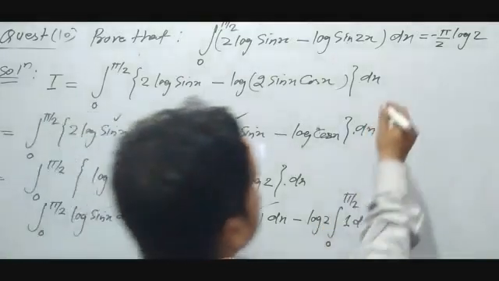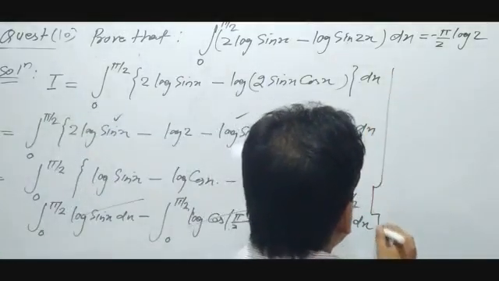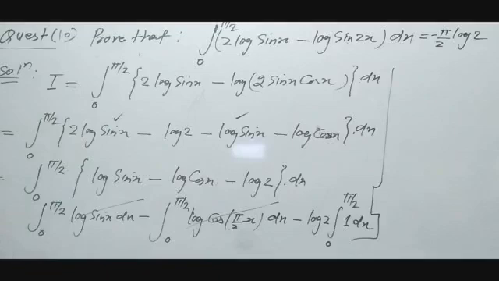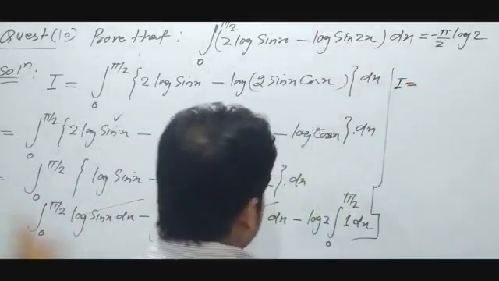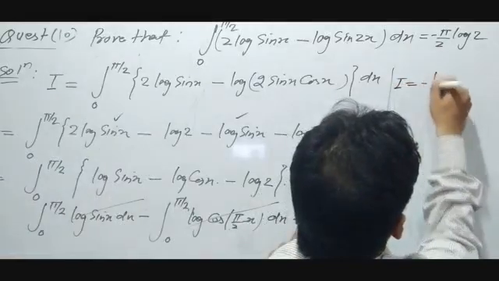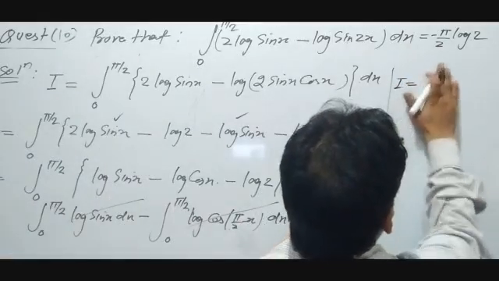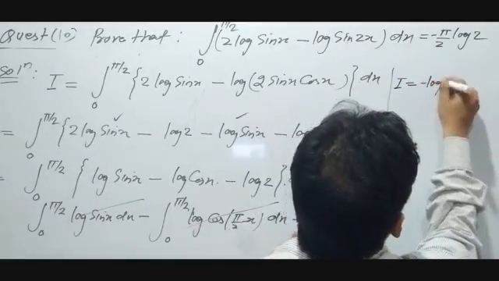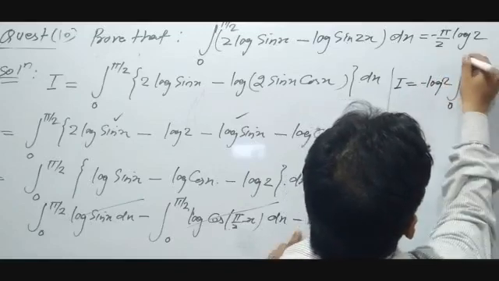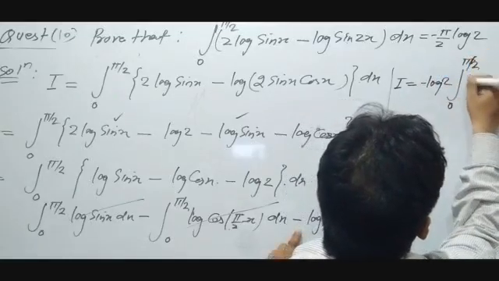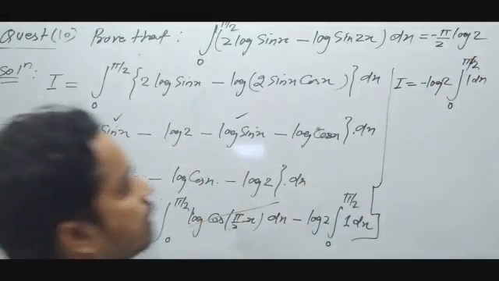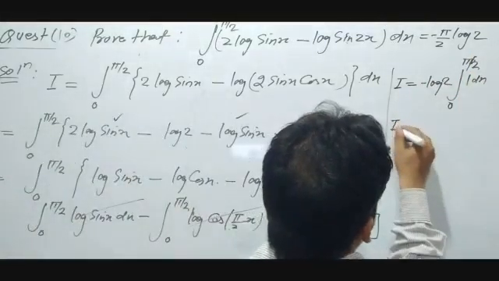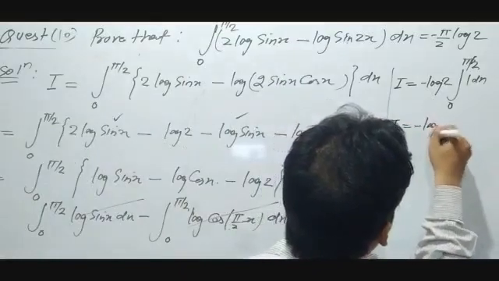So see here, I we can write I is equal to only minus log of 2 times integration over 0 to pi by 2 1 dx, and integration of 1 dx you know that is x.